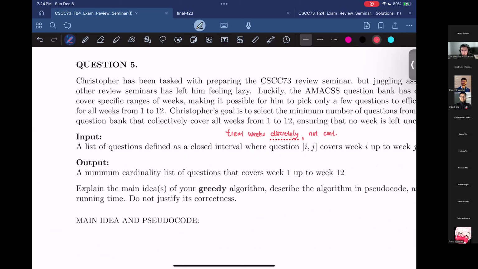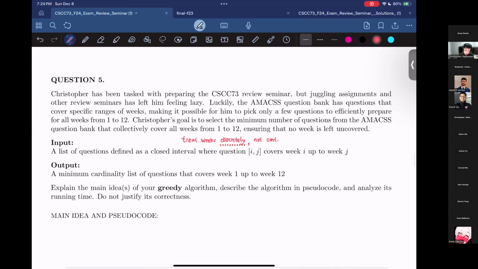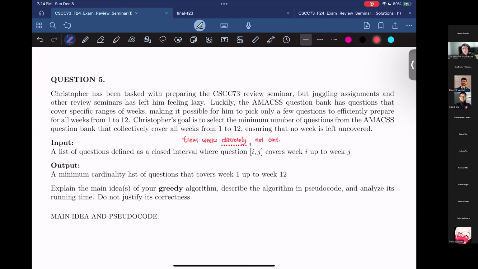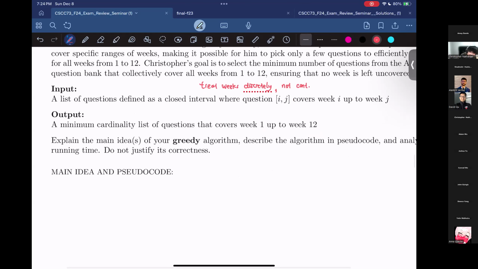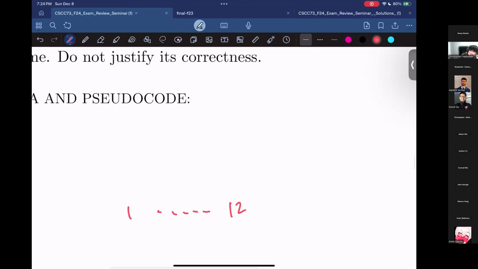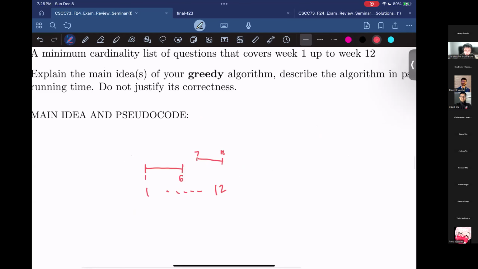Each question can cover more than 1 week's topic. So let's say we have weeks 1 until 12. If we have a question from week 1 to week 6, then we have 7 to 12, this is considered covering it because we treat it discretely.